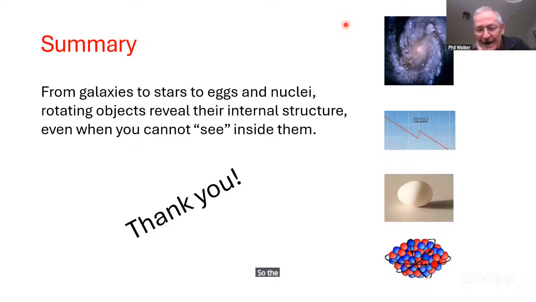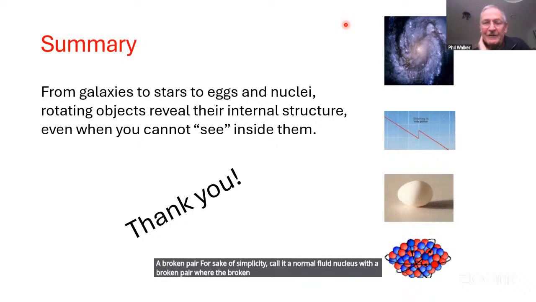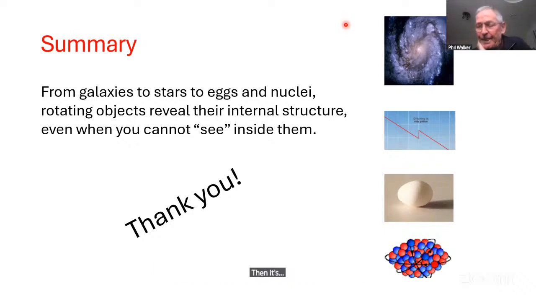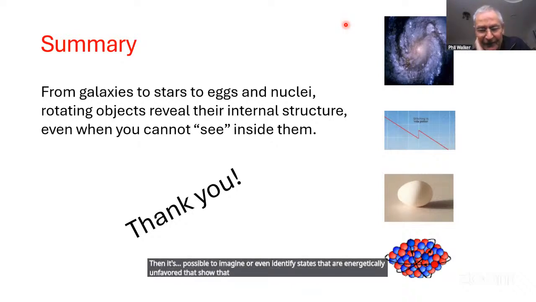If you view it as the fully paired superfluid nucleus changing to a broken pair, for the sake of simplicity I call it a normal fluid nucleus with a broken pair, where the broken pair contributes a lot of angular momentum, then it's possible to imagine or even identify states that are energetically unfavored, where the superfluidity and the fully paired nature are maintained, but it's just not the lowest energy state.